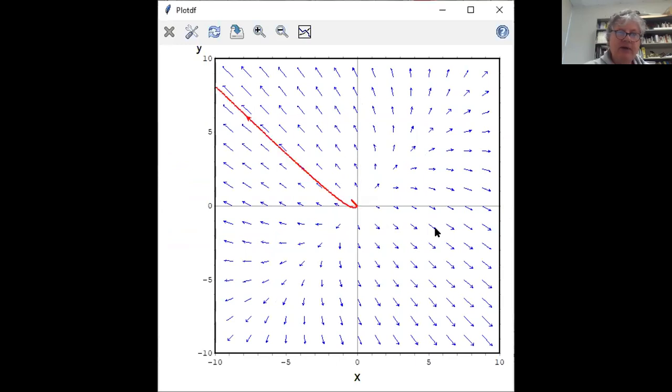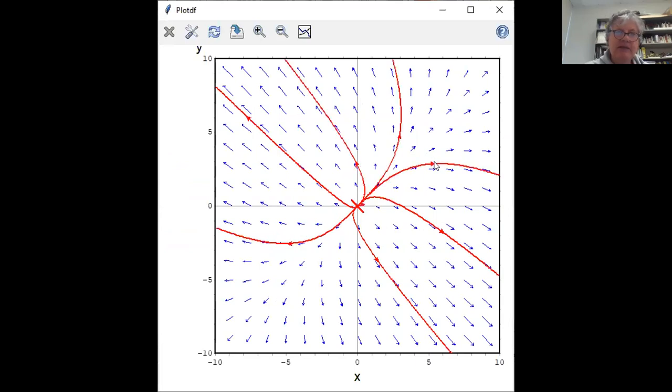And if I go ahead and click the buttons, we see that as t goes to negative infinity, we're going to the origin, close to the line y equals x. And as t goes to infinity, we see that we're going away from that, and we're going more towards the line y equals minus x.